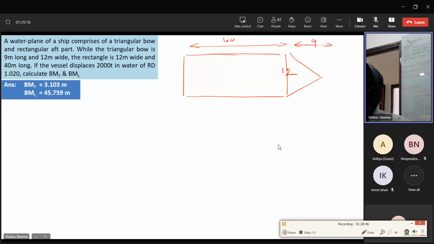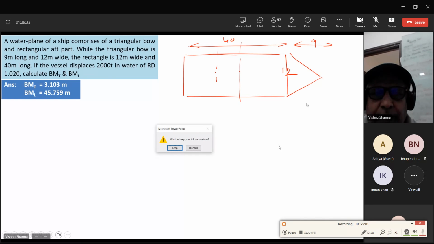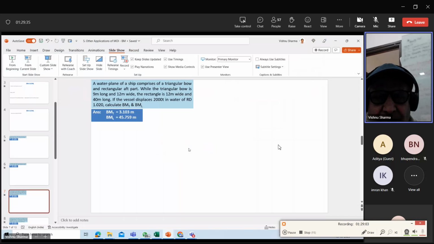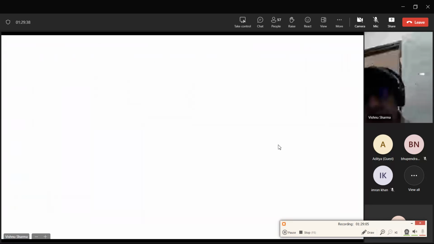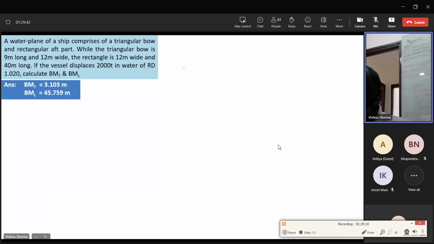Now, unless I know where the center of flotation is, if the center of flotation is here, athwart ship axis will come here. If center of flotation is here, athwart ship axis will come here. So now it becomes important for me to know where along the length does the center of flotation lie. So we'll have to calculate LCF now before we can draw the athwart ship axis.